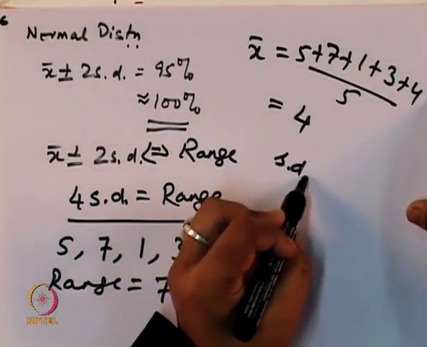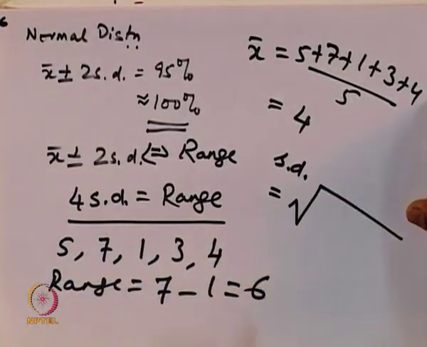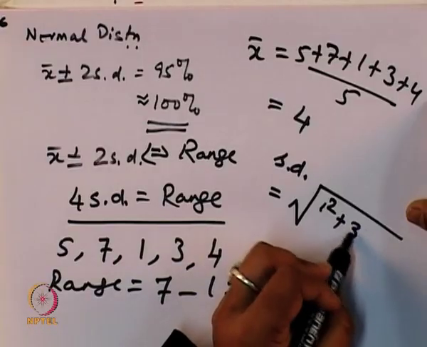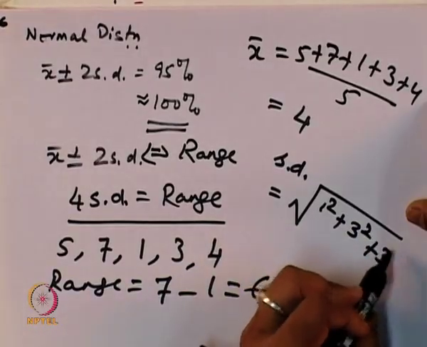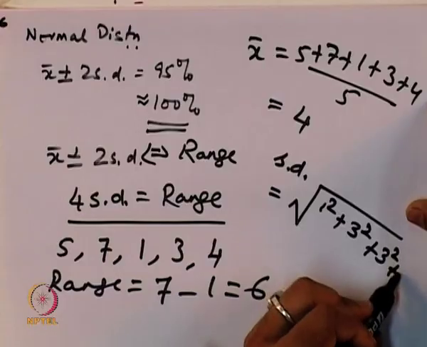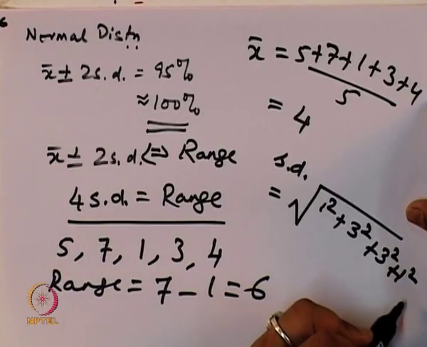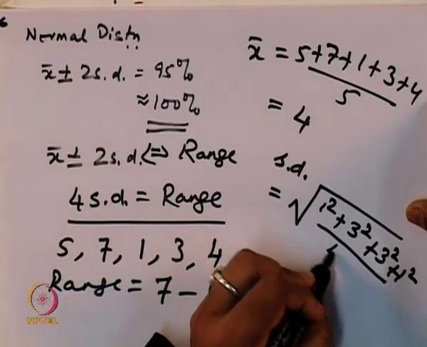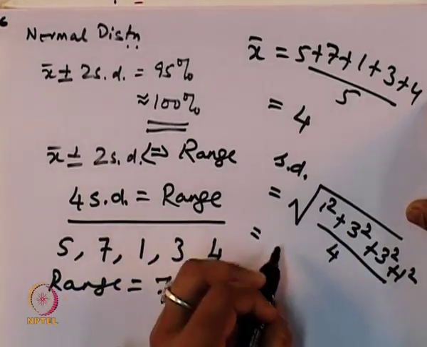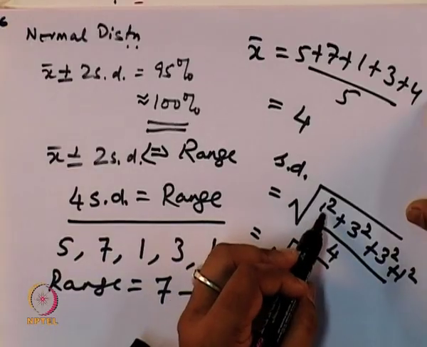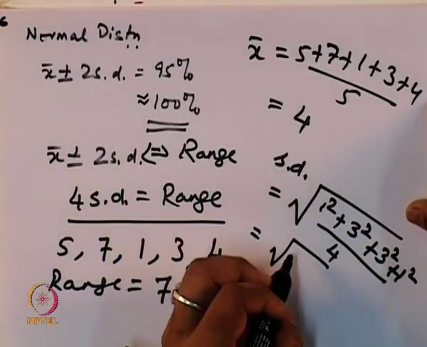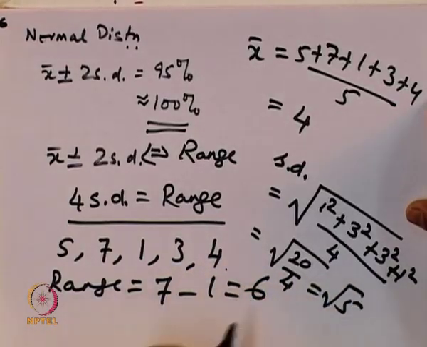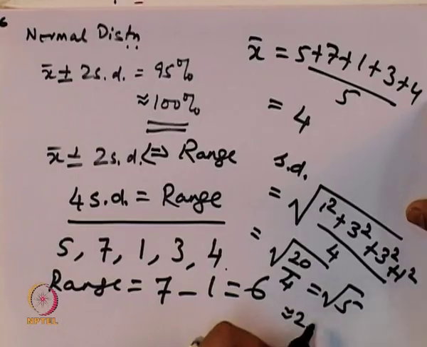So, my standard deviation is equal to the square root of (5 minus 4) squared, which is 1, plus (7 minus 4) squared, which is 9, plus (1 minus 4) squared, which is 9, plus (3 minus 4) squared, which is 1, plus (4 minus 4) squared, which is 0, divided by 4. That gives 9 plus 1 is 10, and 10 and 10 is 20, so the square root of 20 by 4, which is the square root of 5, giving a value of 2.2.